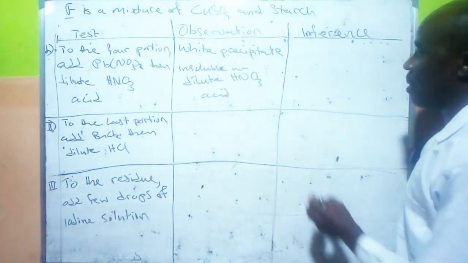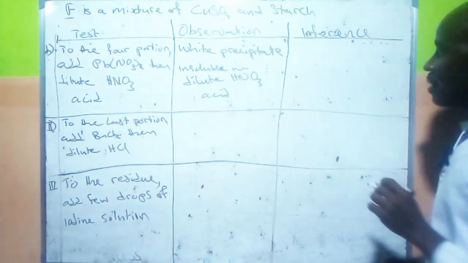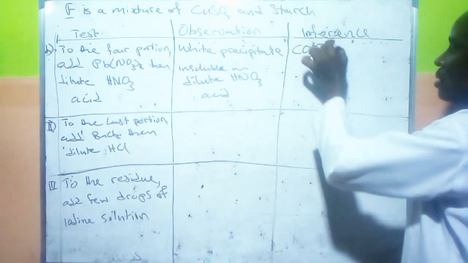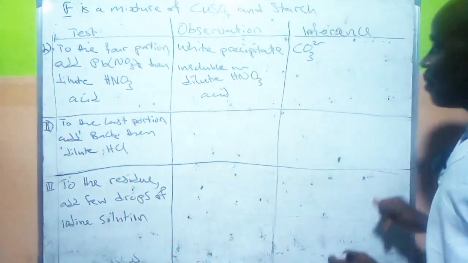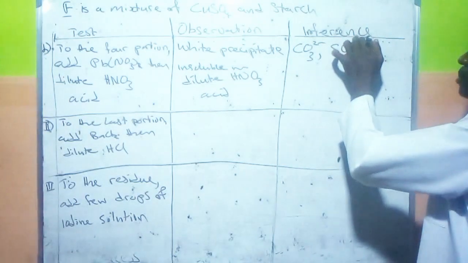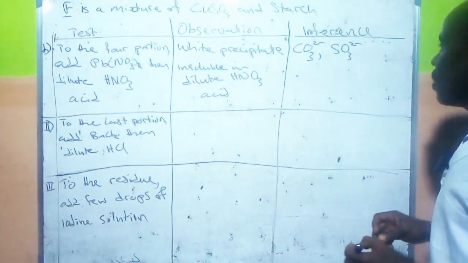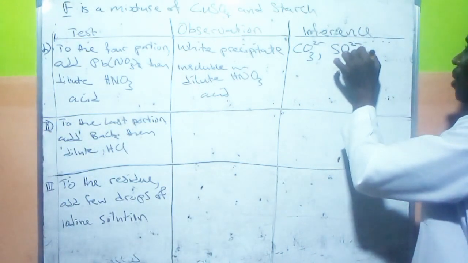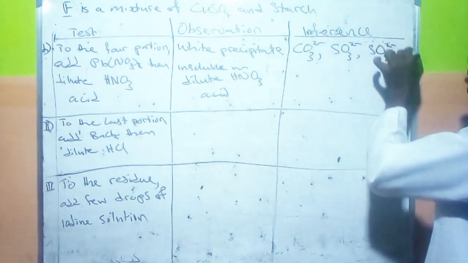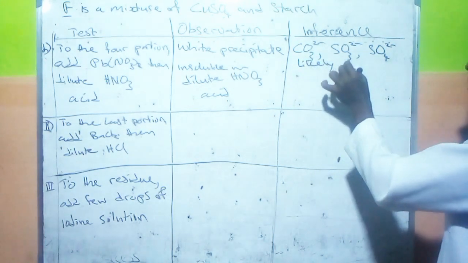So what will be our inference? Our inference will then be, for the fact that we have a white precipitate, it could be triazo carbonate 4 ion, could also be triazosulphate 4 ion, or tetraoxosulphate 6 ion likely present.